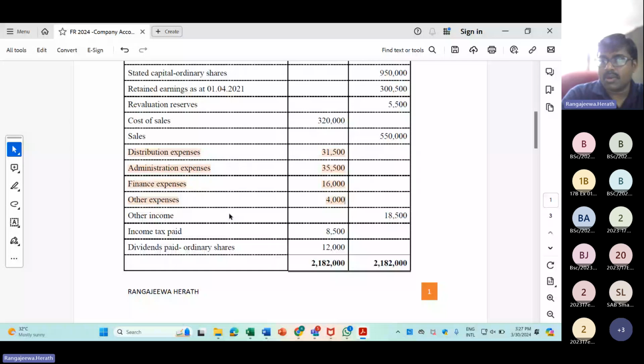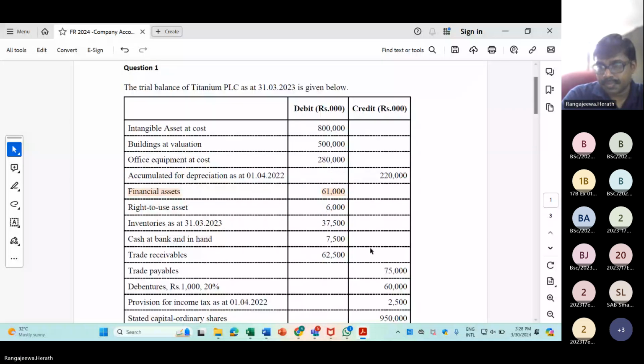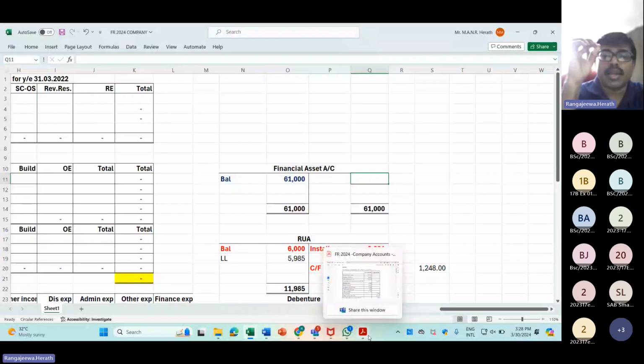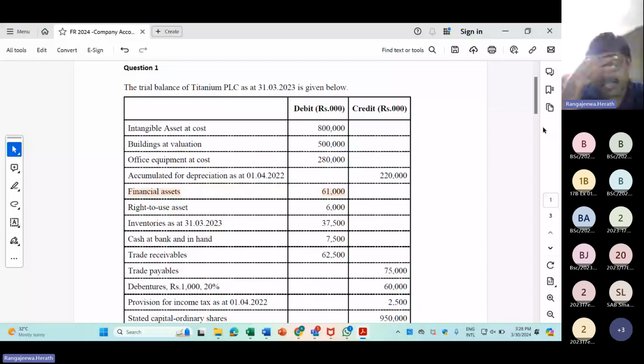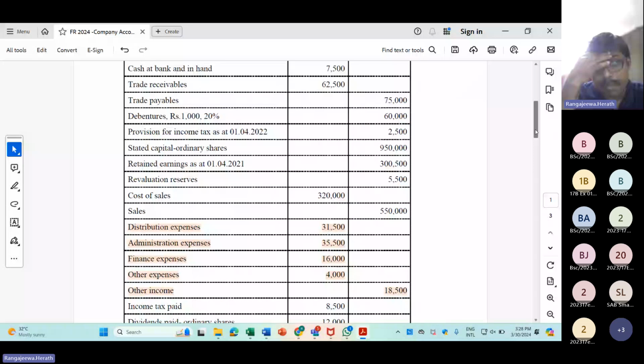And it is told the financial asset consists of 200,000 ordinary shares at 300 each. Transaction cost is capitalized to cost of the financial asset.